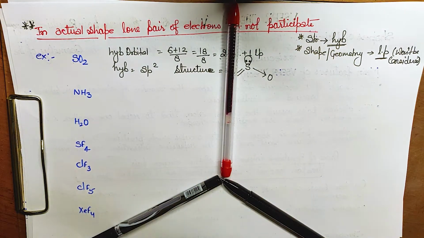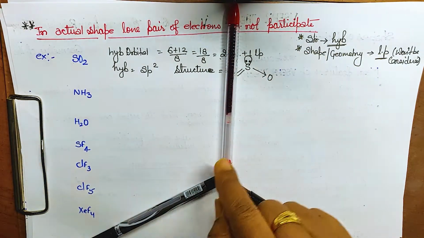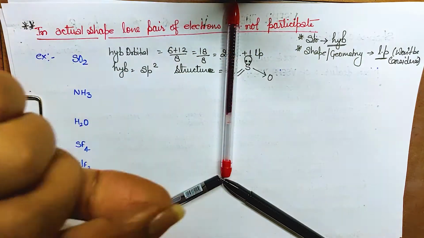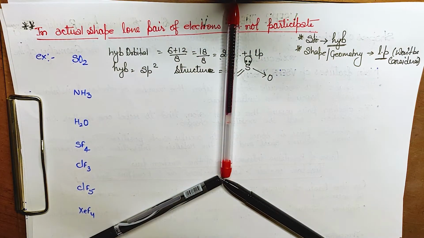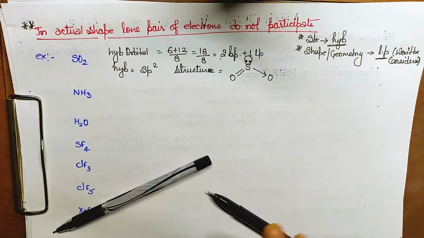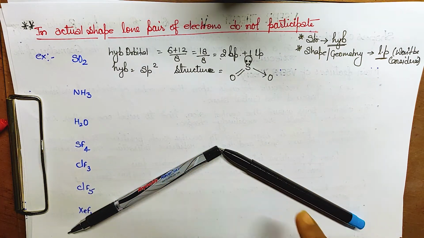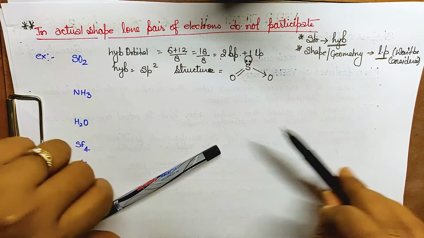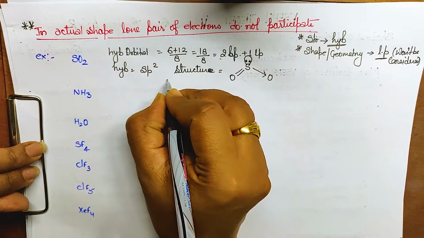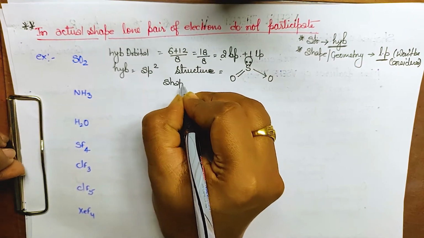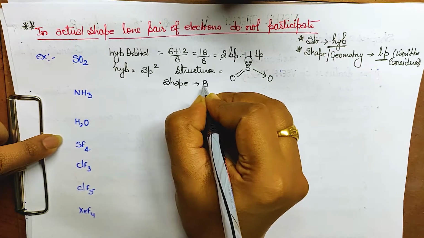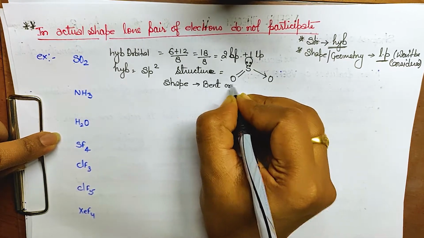This is the structure, and on this the lone pair is there. If I don't have to consider the lone pair in the shape, just forget about it. Which type of shape is it? Now think of it. Is it bent? Yes, it is bent. So we'll say the shape will be bent, or you can say V shape. I hope it is clear, bent or V shape.